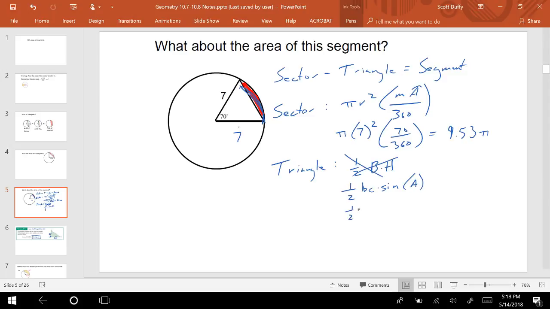In this case, we have 1/2 times B and C are both going to be 7 times the sine of what angle? 70. Multiply all those out. You get 23.02.